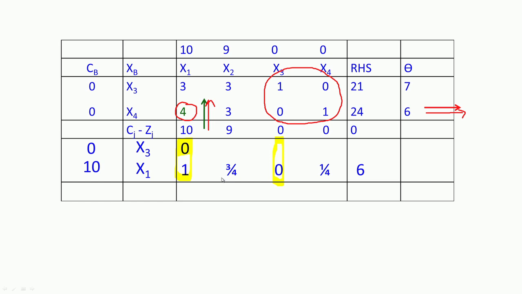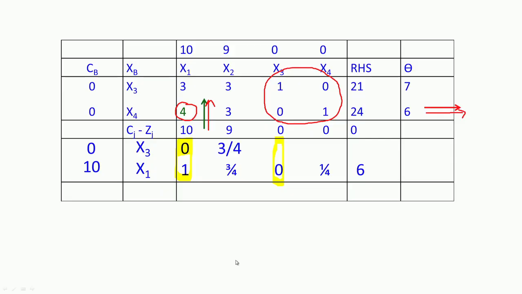So 3 minus 9 by 4 is 12 by 4 minus 9 by 4, which is 3 by 4. Now here it is 1 minus 3 times 0, so I will get 1. Here it is 0 minus 3 times 1 by 4, which is minus 3 by 4. 21 minus 3 times 6, 21 minus 18, which is 3.